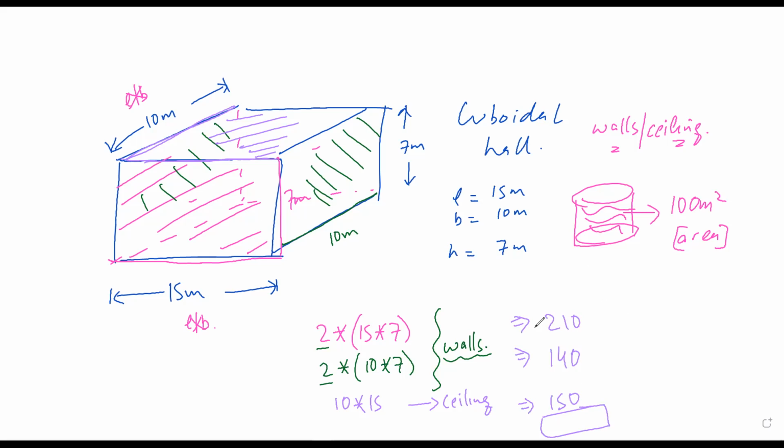Have you understood? Yes, sir. So that is why at times I don't want to use that surface area of the cuboid method. I find this preferable. So this would be 4 plus 1, 5, 10, 2, 3, 4 and 5. So we have 500 meters square which has to be painted. Sarthak, am I correct? Yes, sir.